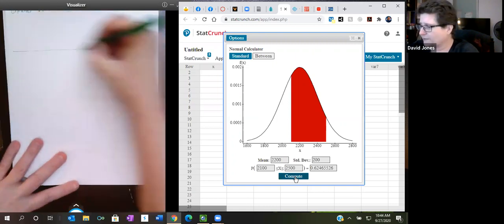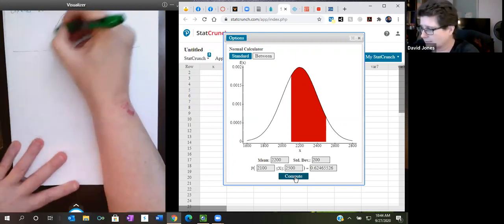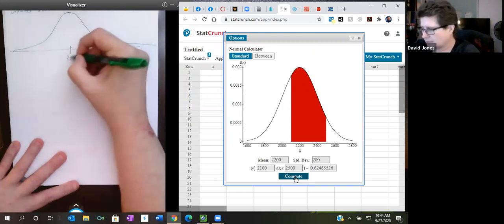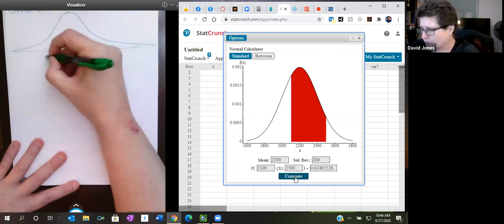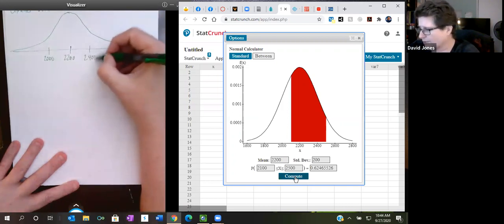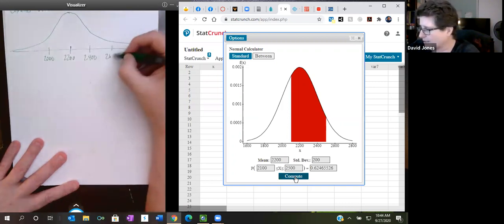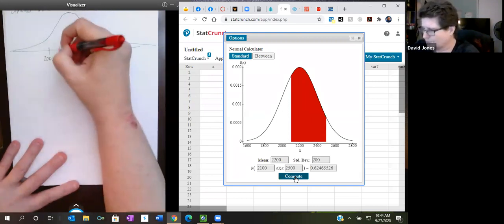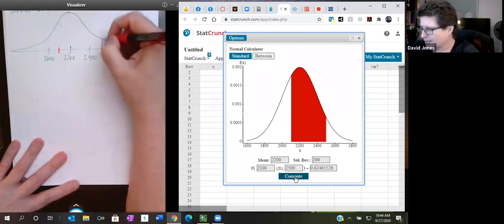On the graph, if we shade it, we've got 2,000, 2,200, 2,400, 2,600. 2,100 to 2,500 is this region right here.